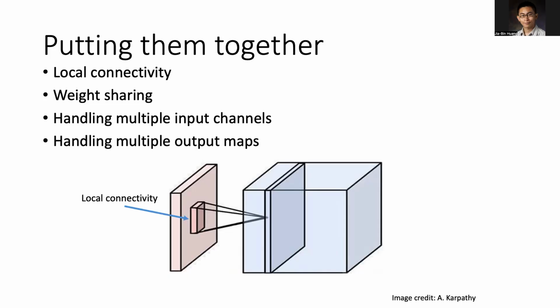Then you can further extend that to handle multiple inputs and multiple outputs, right? Here, you have a filter that is applied to all the positions. That filter only has C inputs within a local region. Weight sharing means you can compute the entire feature response by applying the same weights at different locations, shared across different spatial locations.